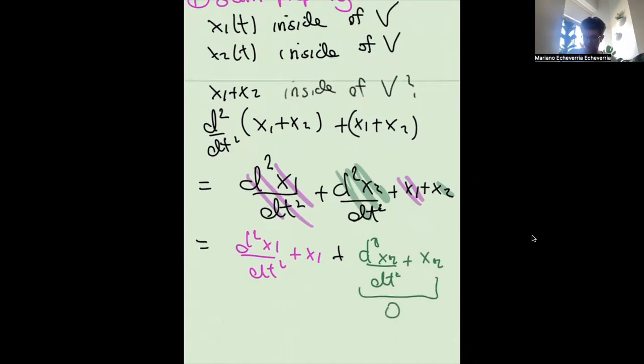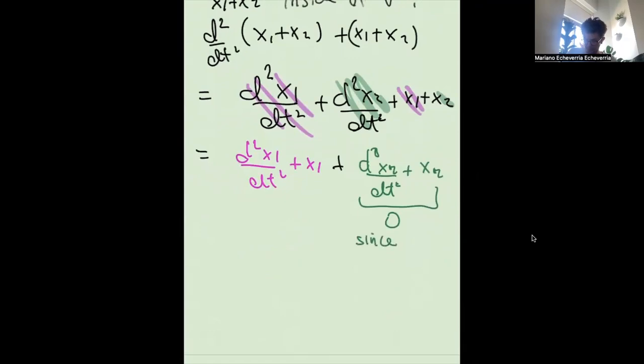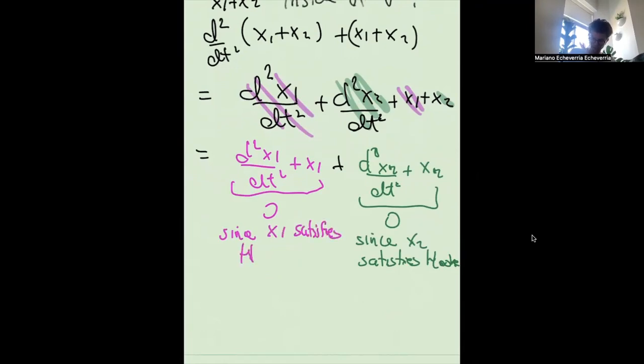This is zero because x1 satisfies Hooke's law, and this is also zero since x2 satisfies Hooke's law. So you get 0 plus 0, and that's 0. What this is saying is that if you take two solutions that satisfy Hooke's law and add them together, you get a solution to Hooke's law. Okay, that's kind of cool.